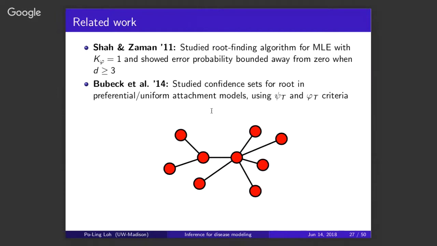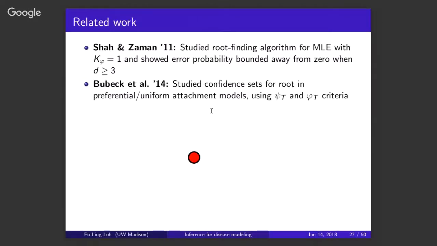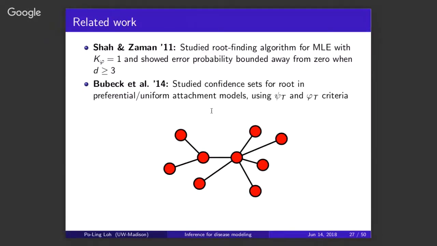But in the probability theory community, what they were interested in is if you see a graph that looks like this, and you know it came from preferential attachment, how do you come up with some estimator for what the source was? So it has some flavor of the Shah and Zaman work, except instead of having information spreading over a known network, you have a network that's growing. They called this sort of work finding Adam, because it's like finding where the source of everything came from.